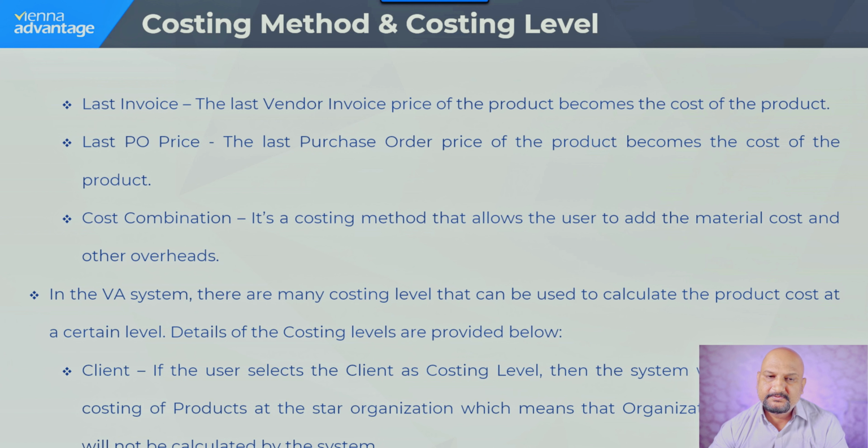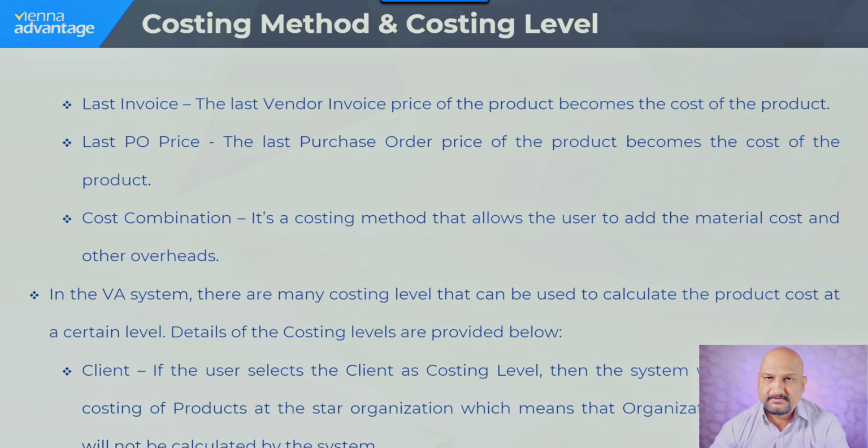These are the two costing methods, and the difference is that when it is last invoice, the unit price of the product becomes the cost of all the remaining quantities, and when it comes to the last PO price, the price of the PO of that particular product becomes the cost for all the remaining stock. So that's basically the last invoice and the last PO price.